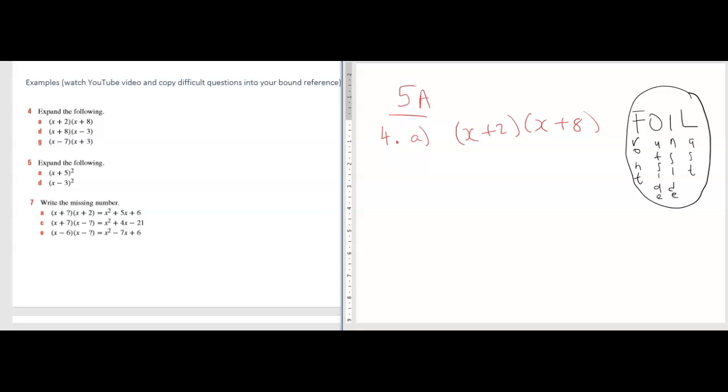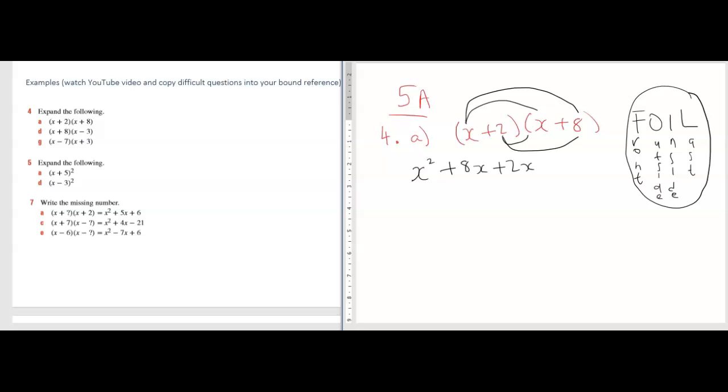But some people when they're starting out, it helps because you do your front numbers or your first numbers. Maybe it was first. Yeah, I think the F stands for first. So that's x times x, which is x squared. And then we've got x times 8, which is 8x. And then the inside is 2 times x.